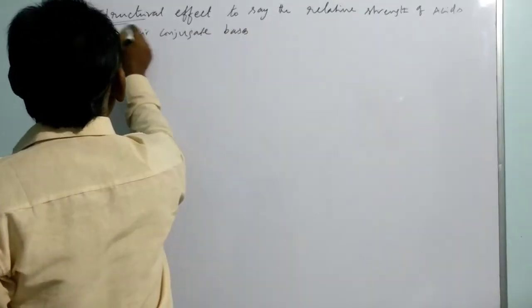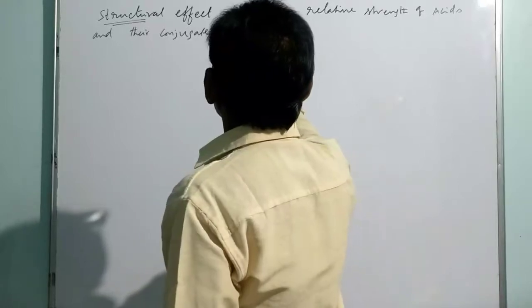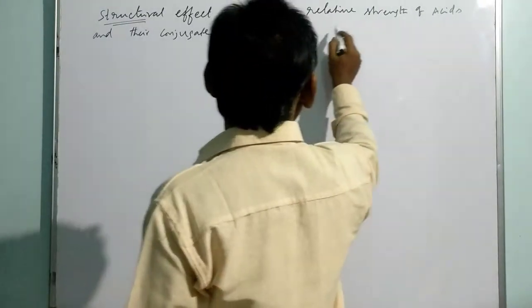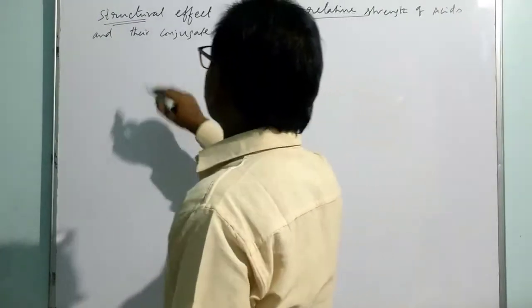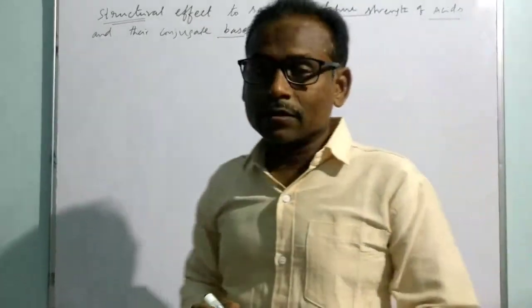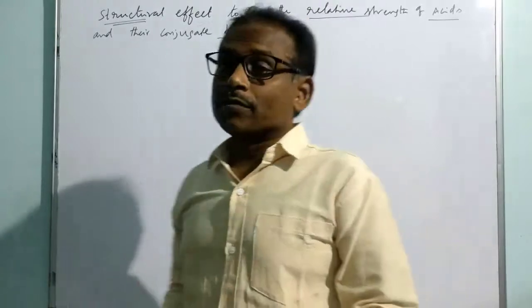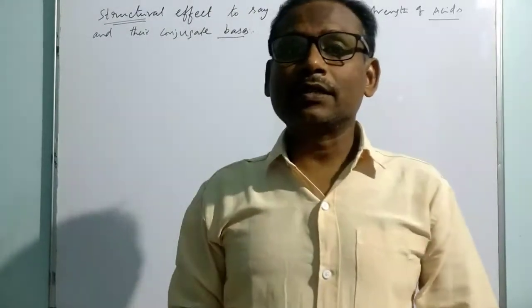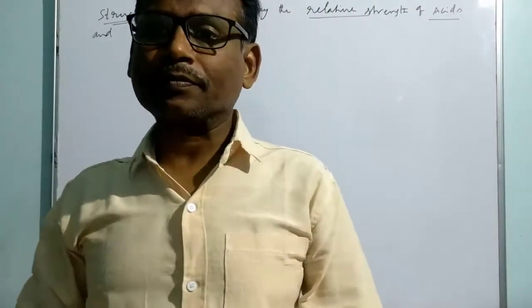So the main part is the structural effects to say the relative strength of acids and their conjugate bases. So the topic is structural effect to say the relative strength of acids and their conjugate bases.